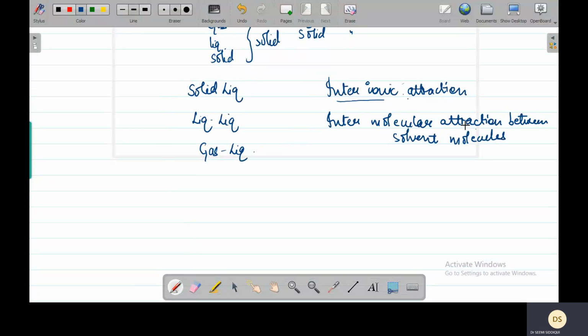Here, water is a polar solvent. Why? Because of the difference in electronegativity between the hydrogen atom and the oxygen atom. Because of this difference, there is a development of a slight negative charge on the oxygen and positive charge on the hydrogen. Therefore, a dipole is created, and dipole-dipole attraction is present between the water molecules.